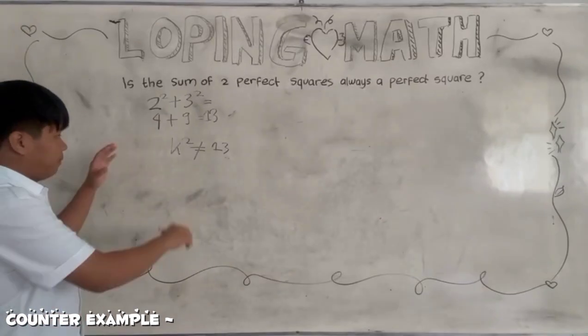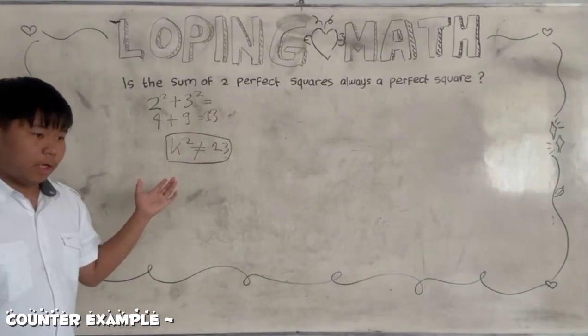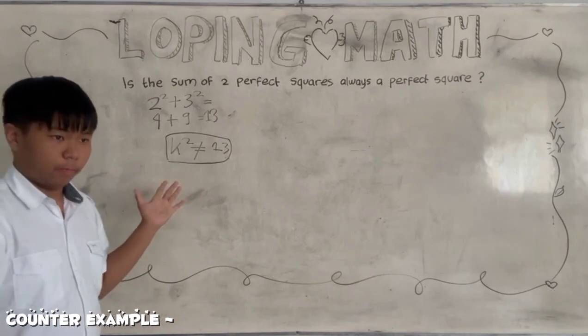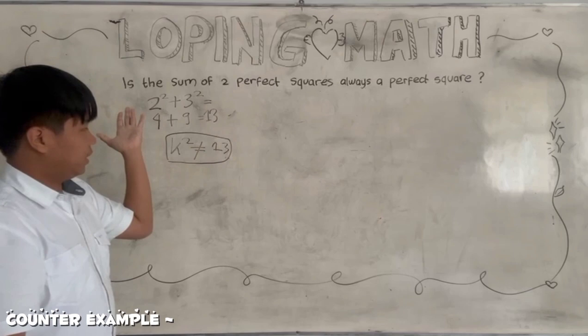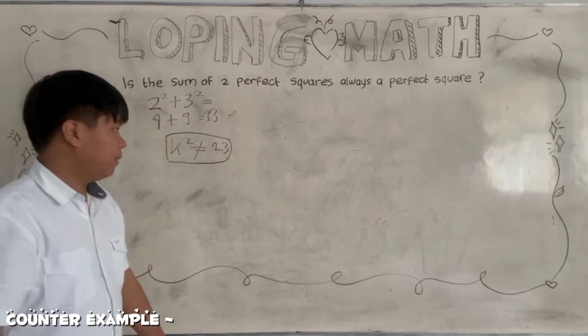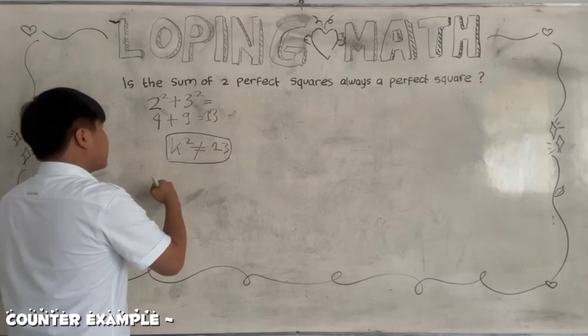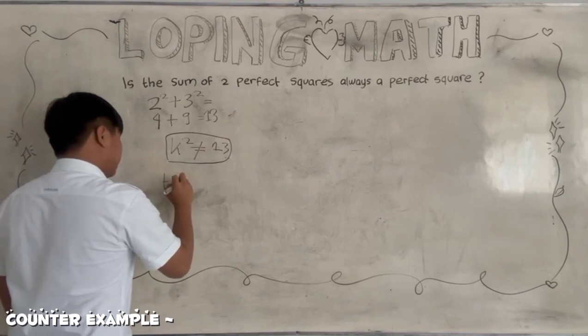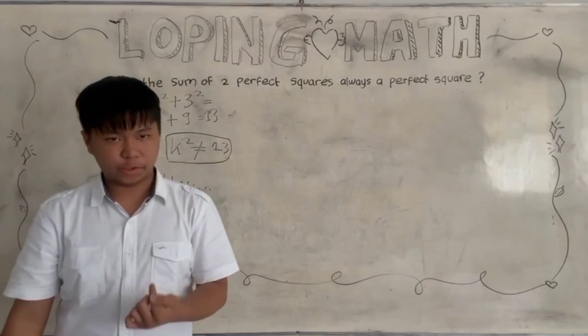So, from this, we can say that this statement is not entirely correct, and the actual answer is the sum of two perfect squares is not always a perfect square.